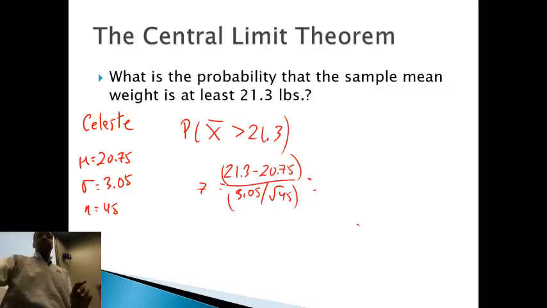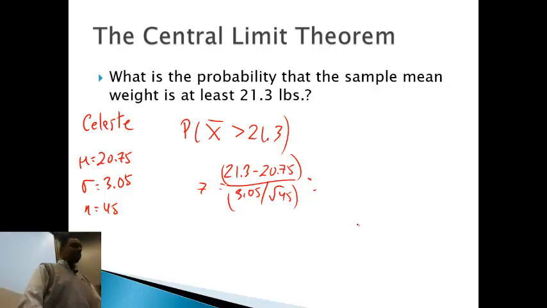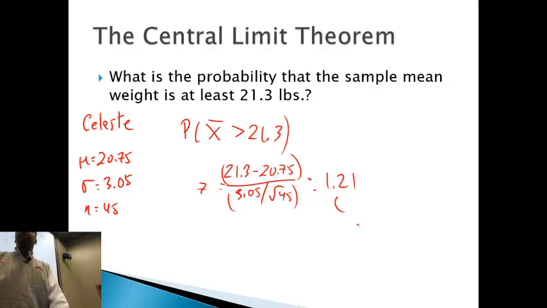And then you have to be careful, Celeste, because there are some mathematical mysteries here. Did you get a z-score here? What'd you get? 1.21. Does the Celeste contingent agree with that process? They don't disagree. All right, so 1.21. And Celeste, you want the area bigger than 1.21. If I go into my chart, 1.21 is 0.8869. That's what I get.